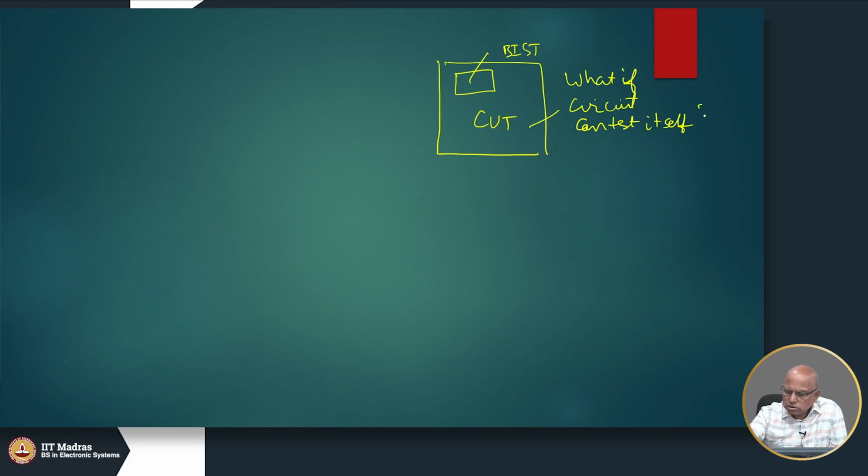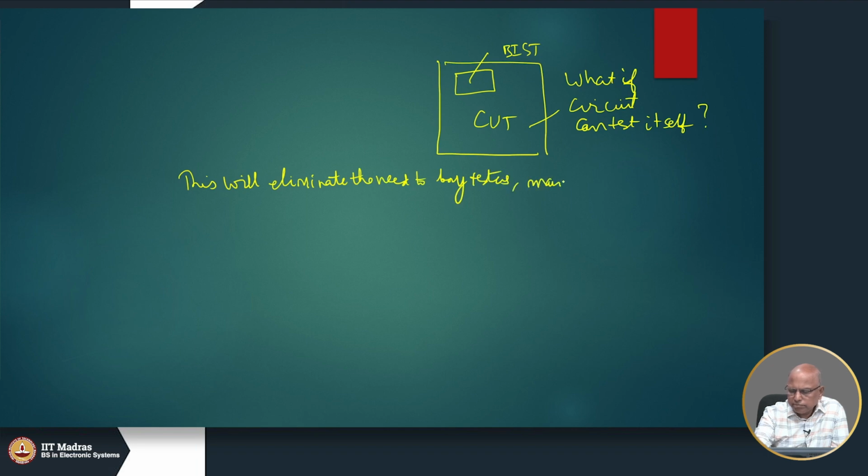So, this will eliminate the need to buy testers, maintain them. Those testers are also going to require a lot of maintenance, right? They will need a lot of space to store, right?